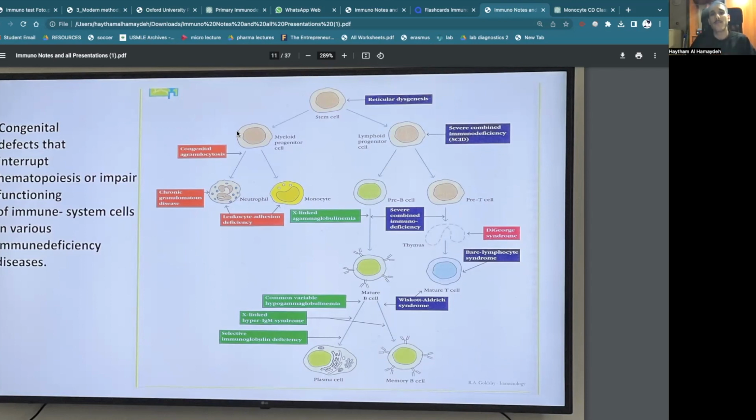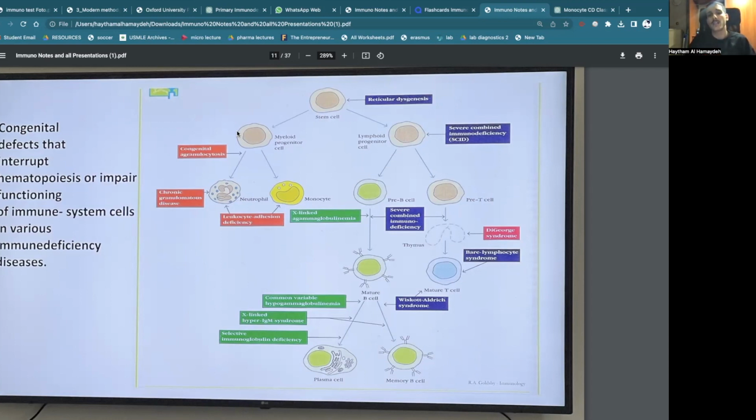Again, the lymphoid progenitor cell: severe combined immunodeficiency can affect the lymphoid progenitor cell, so it's not able to produce pre-B cell or pre-T cell. Now, if pre-B cell and pre-T cell are produced and the lymphoid progenitor cell is okay, severe combined immunodeficiency can affect those 2 cells and not let them produce mature B cells and T cells.